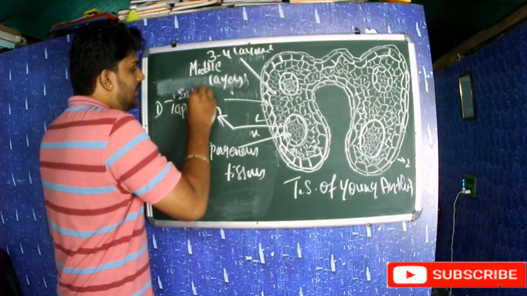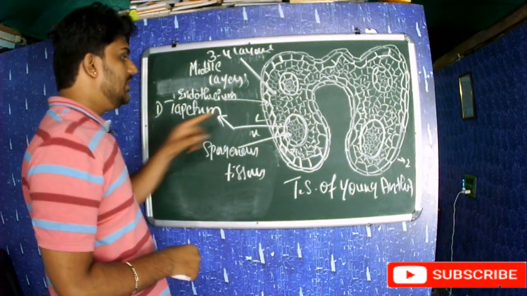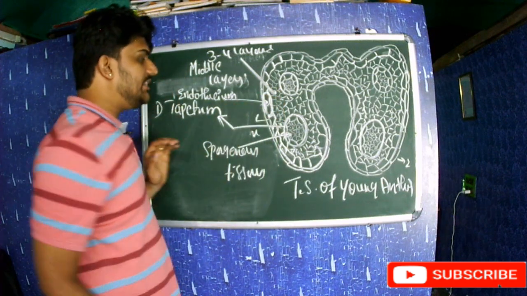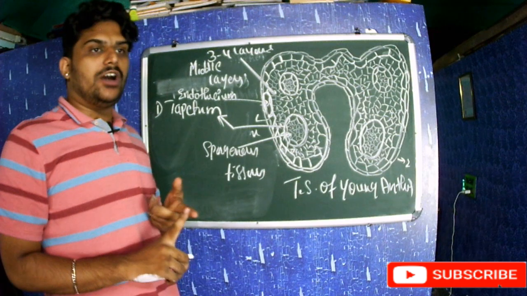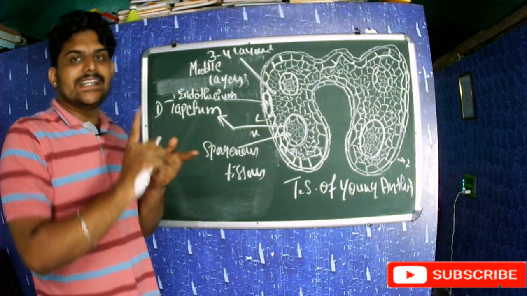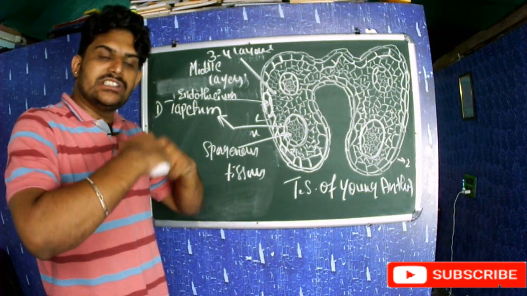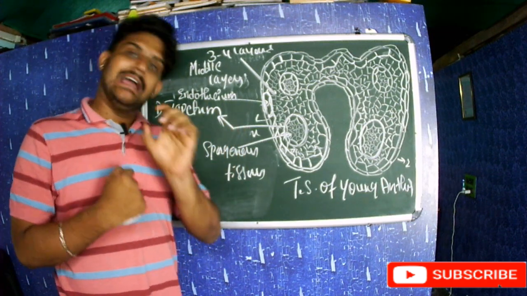Then soon after that, there is a thick-walled layer known as the endothecium. This endothecial layer is continuous and made up of thick fibers, which gives strength to the anther.